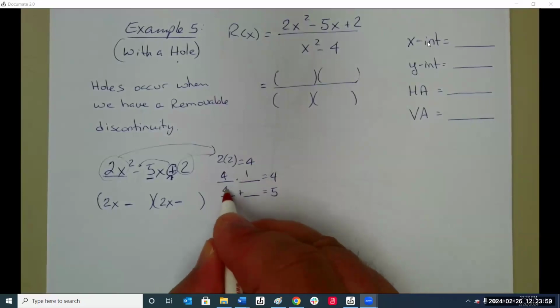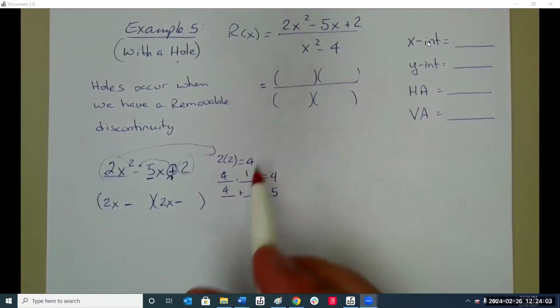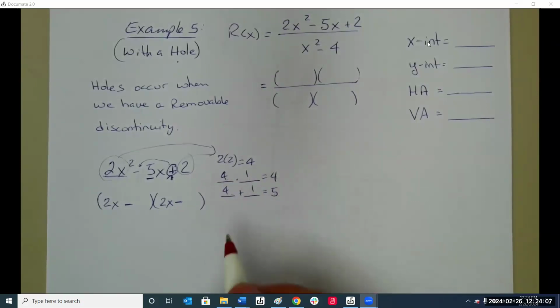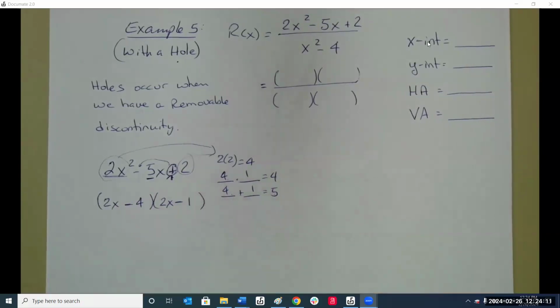No, 4, just use 4 right now. We won't worry about the signs anytime soon. So we have 4 times 1 is 4, 4 plus 1 is 5. So those numbers go inside here. So far, so good.